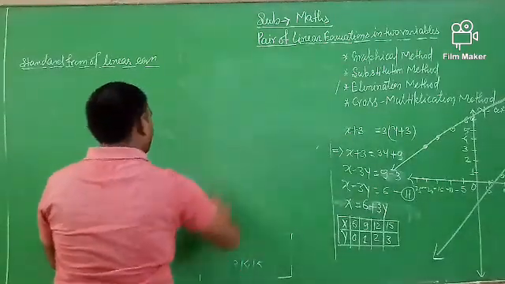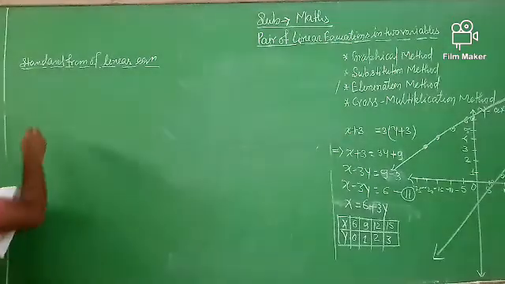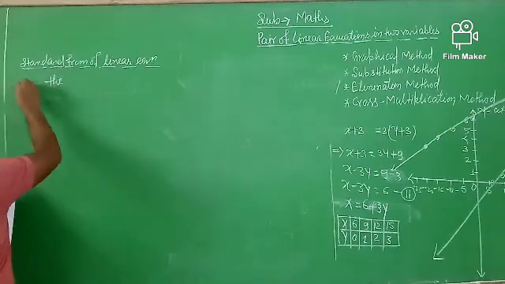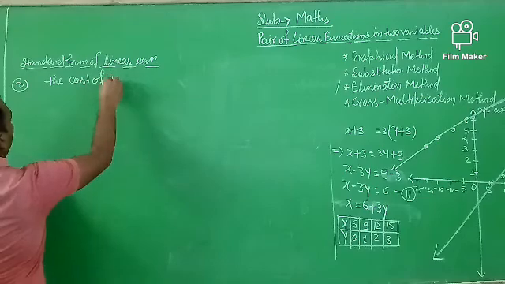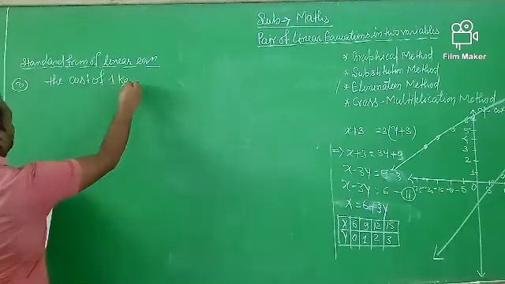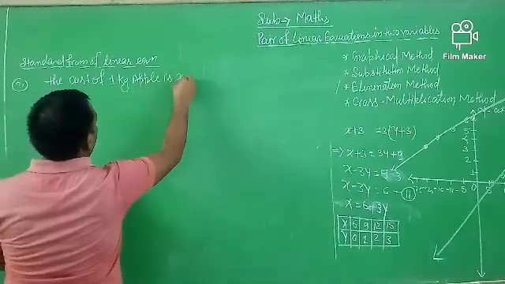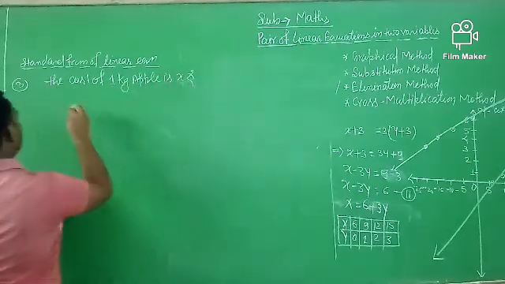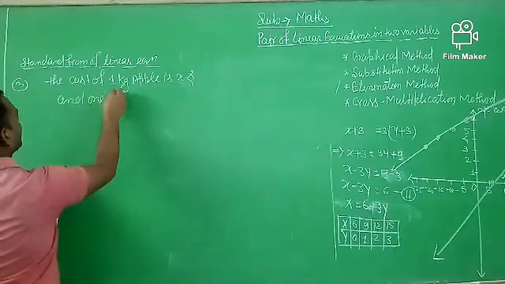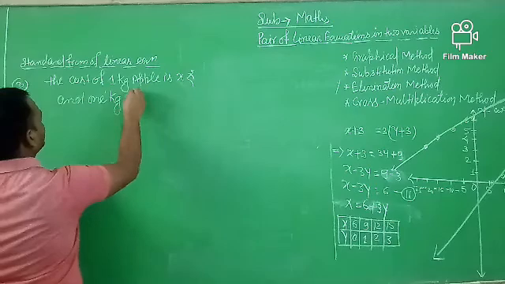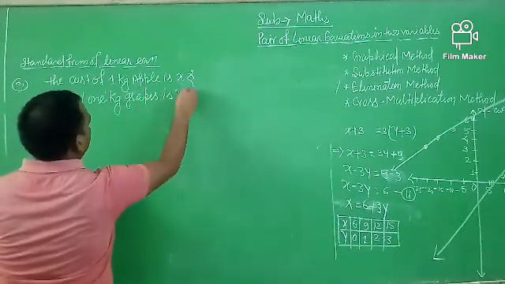So you can see, question number 3, the cost of 1 kg apple is x rupees and the cost of 1 kg grapes is y rupees.